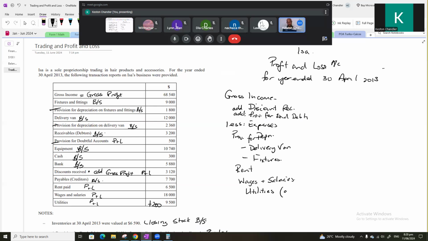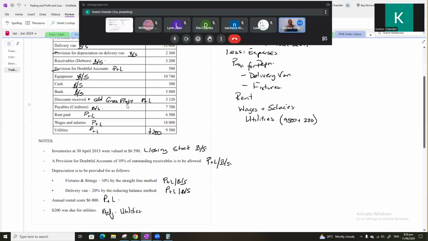Don't forget you have to add 200 to this here. Okay. Annual rental cost as well too, 6,000. Rent paid, look at this, 6,500. So rent has to be 6,500 minus 6,000.